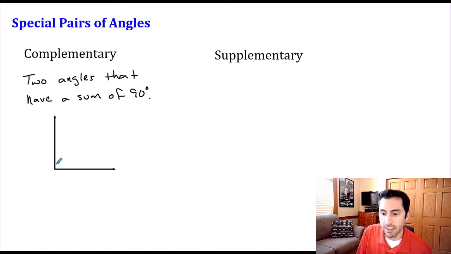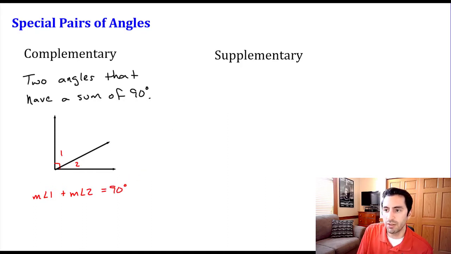I can indicate that this is a right angle with a little box in the corner. And then let's split this into two different angles. It doesn't matter what it looks like, we'll do something like this. And I'm going to name these angles angle 1 and angle 2. So the definition for complementary angles is when I add their angle measures together, I should get 90 degrees.